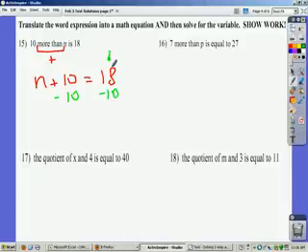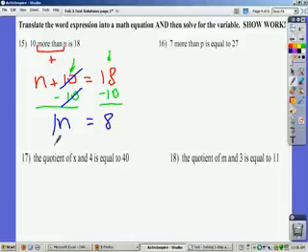I need to get rid of this. So I'll put a summation bar. The +10 minus 10 will cancel out. That's 0. So what's left is n. The equal sign drops down. 18 minus 10 is 8. Very straightforward, very simple problem. Okay, put a box around it, you're done.